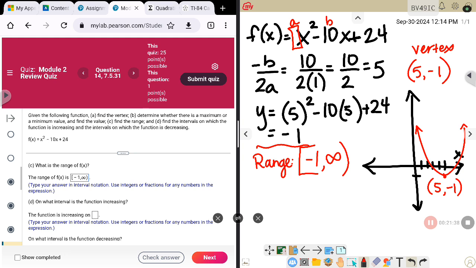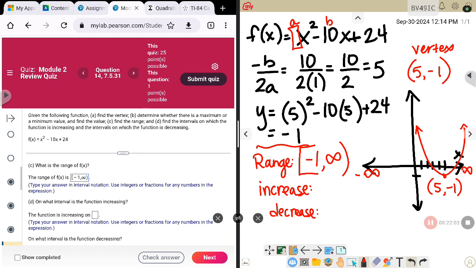And the last part of this is asking where this function is doing two things, where it's increasing and where it's decreasing. So again, this is another good reason why I like to have this written out. Because remember, you're going to read this graph like a book, from the left side to the right side.